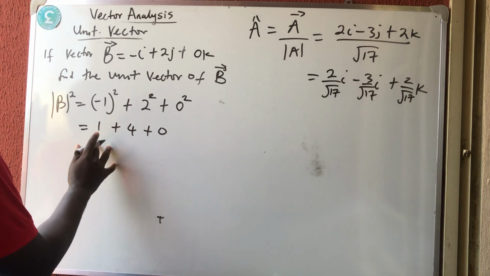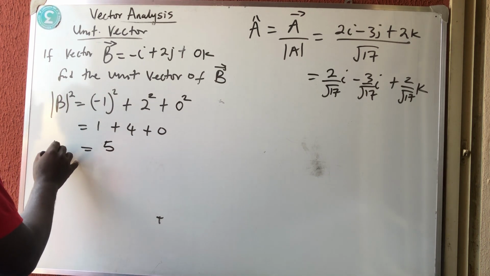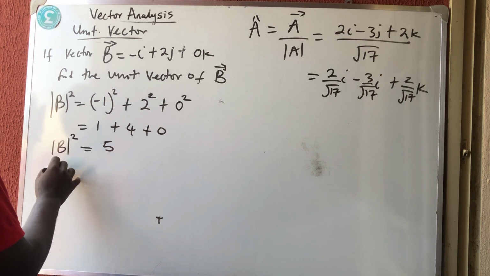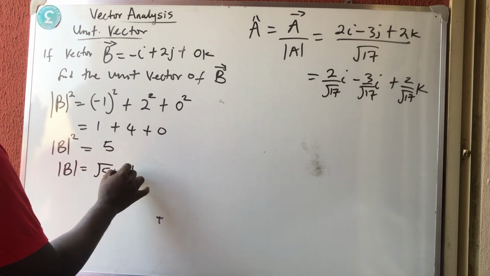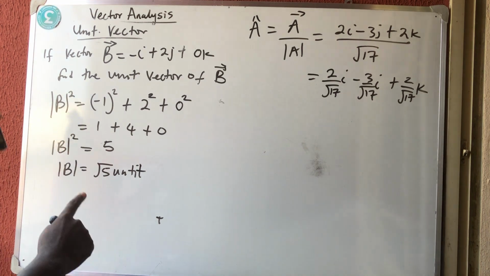We have 5. So the magnitude is the square root of 5. Sorry, this is the magnitude.